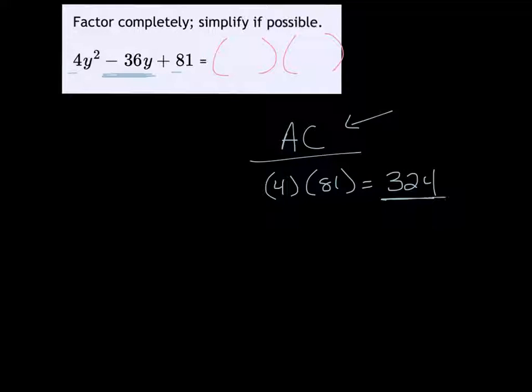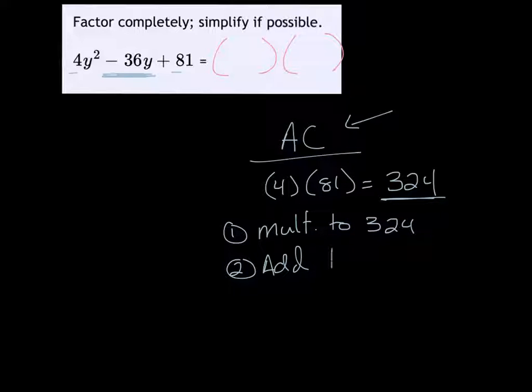Now we're looking for two numbers that multiply to that AC value, 324, and add to the middle coefficient of negative 36.